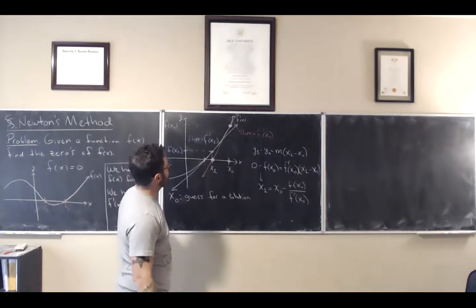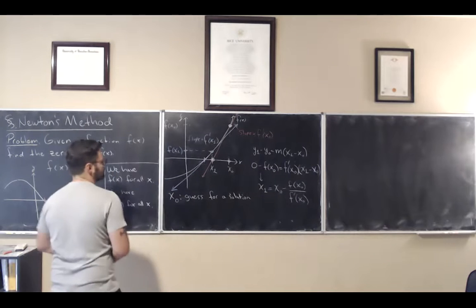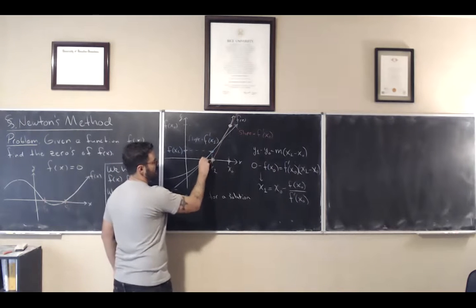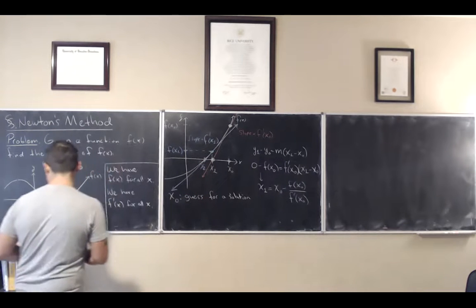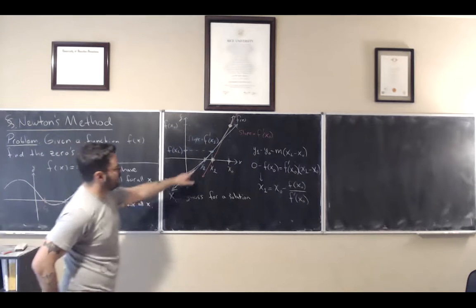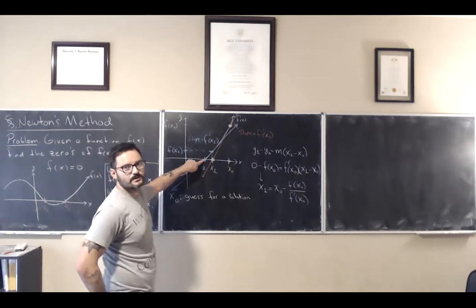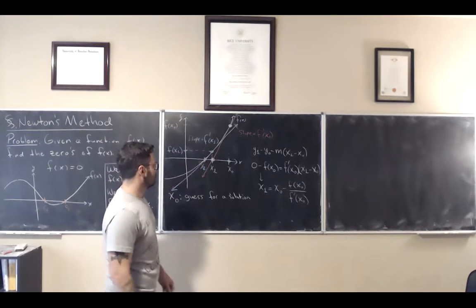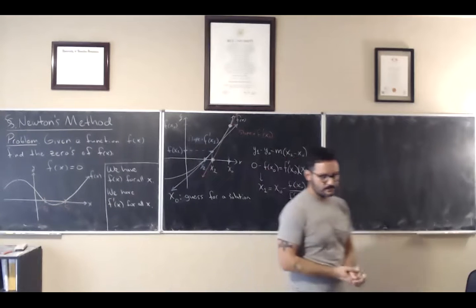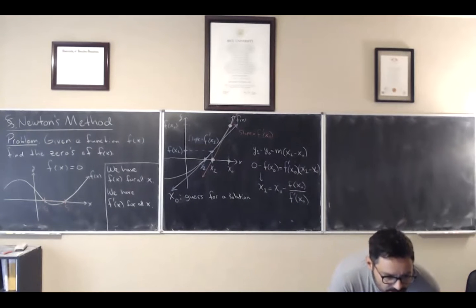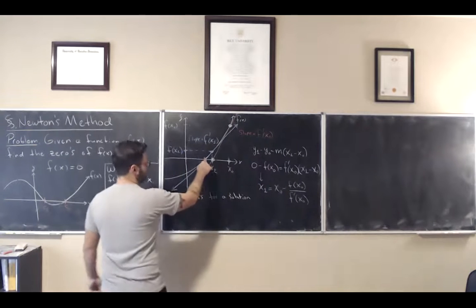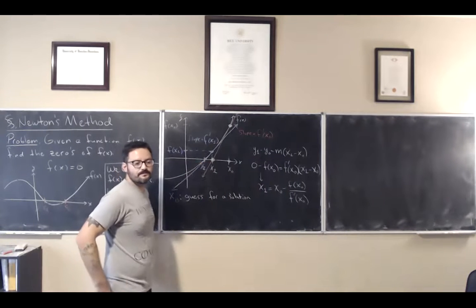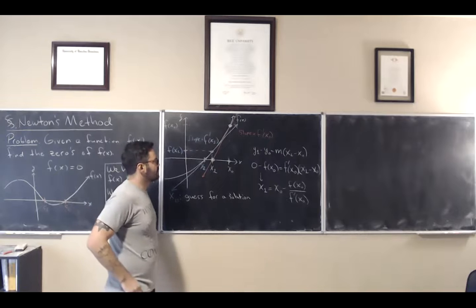That is the slope of the blue line. But now look where it intersects right there. Let's call that new number x2. Isn't that a much better guess to the actual 0 of the function? Like, even on your screens, you can see that's basically the 0 of that function. Right?